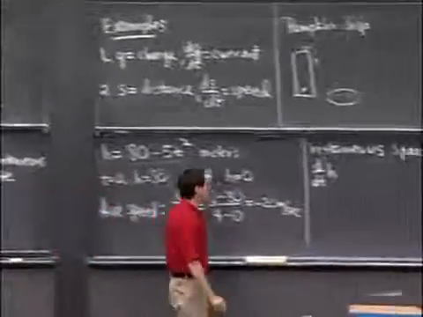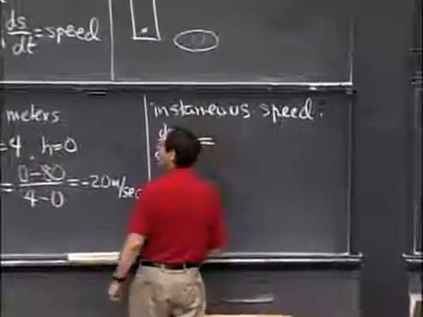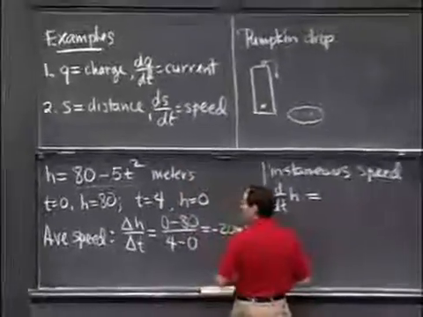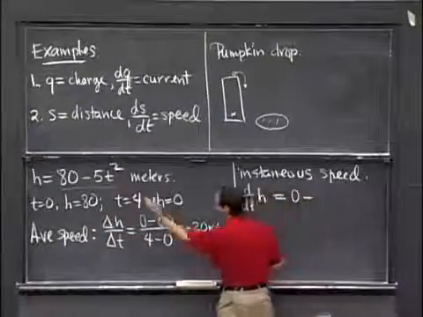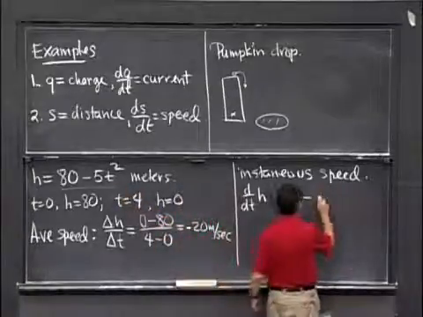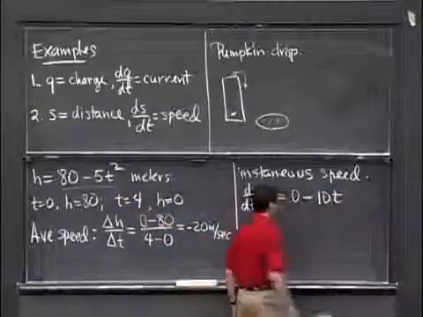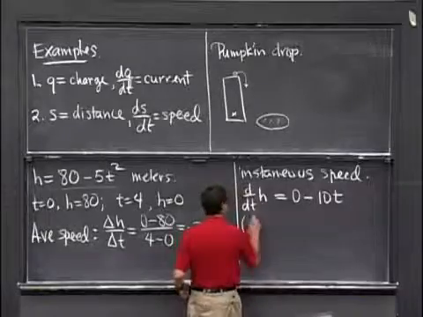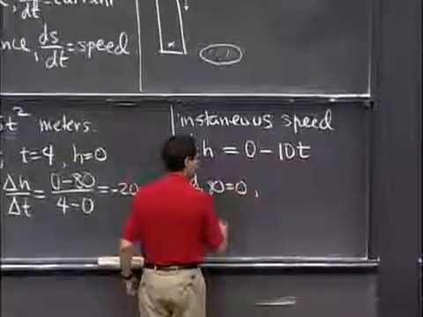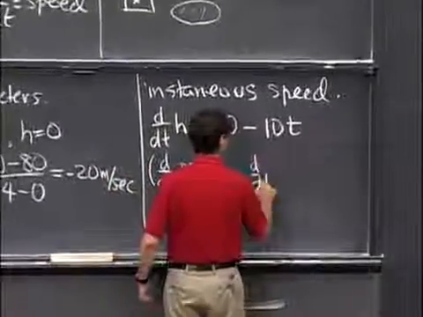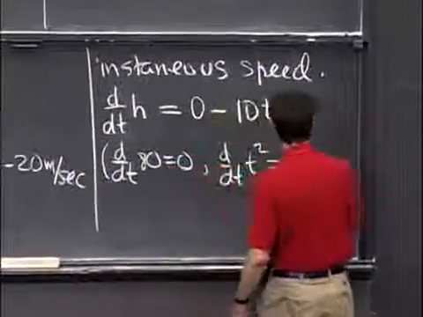So we're going to take the rate of change: the rate of change of 80 is 0, minus the rate of change for this minus 5t squared. That's minus 10t. So that's using the fact that d by dt of 80 is equal to 0, and d by dt of t squared is equal to 2t.